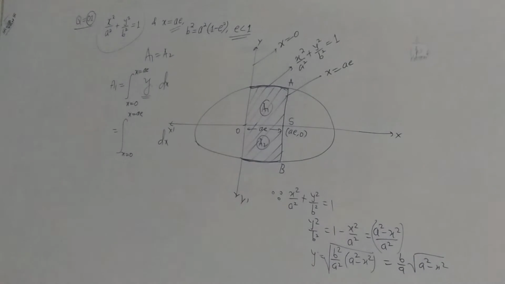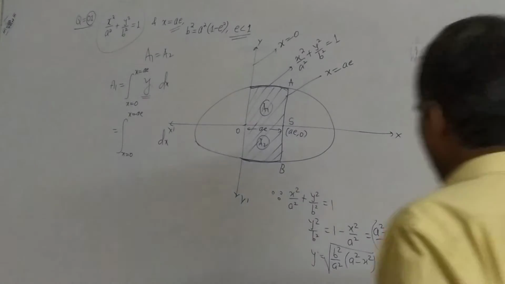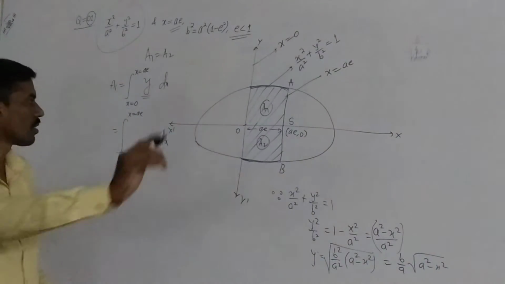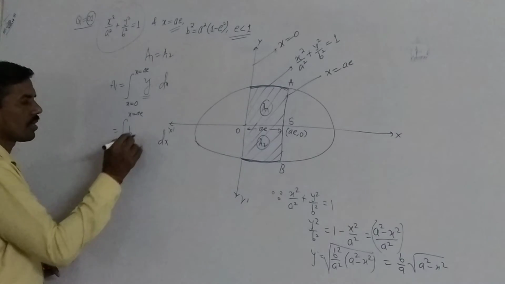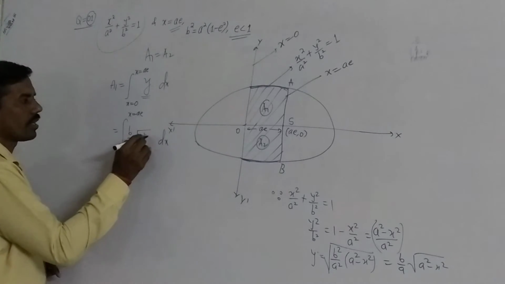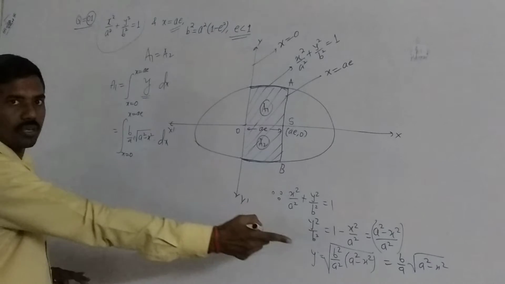Clear? So let us put the value of y. Y is b upon a under root of a square minus x square from here.